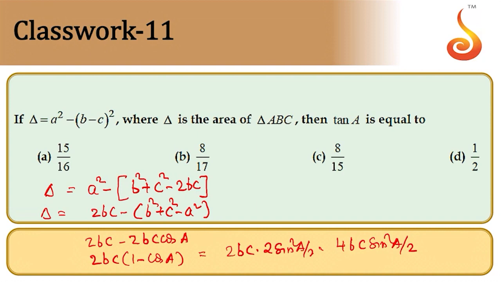So this is equal to delta. Delta is equal to 4bc sin square A by 2. Now, we know delta. What is delta? Half bc sin A. We'll use this. So please write down this one, then I'll move further. Half bc sin A we'll substitute here.